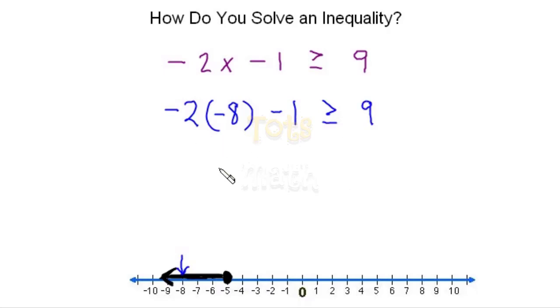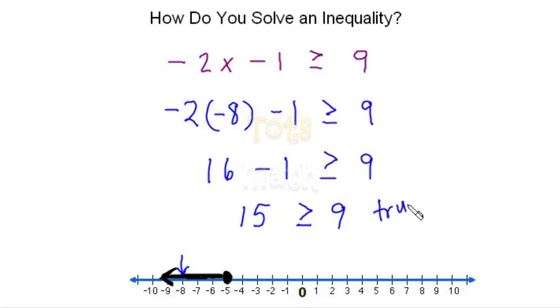Negative 2 times negative 8 is positive 16. Positive 16 minus 1 must be greater than or equal to 9. Positive 16 minus 1 is positive 15. And positive 15 is greater than 9. So this is a true statement, and that means we solved the inequality correctly.